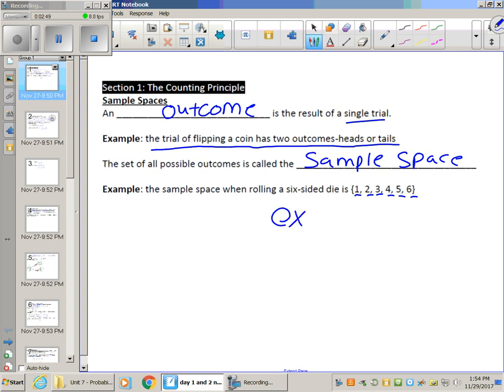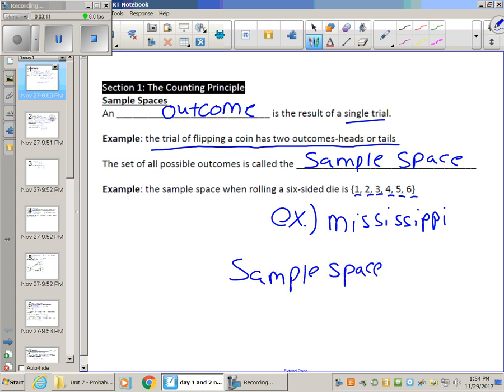Let's say that we want to know the probability of selecting a letter from the word Mississippi. That's a lot of letters, and it's also a lot of repeating letters. So our sample space is only the letters that are there without repeating.